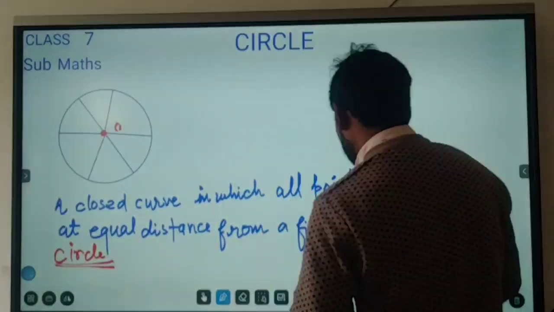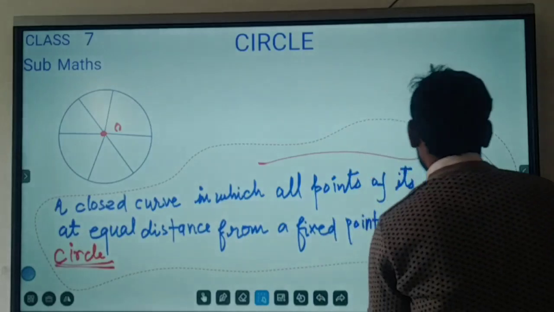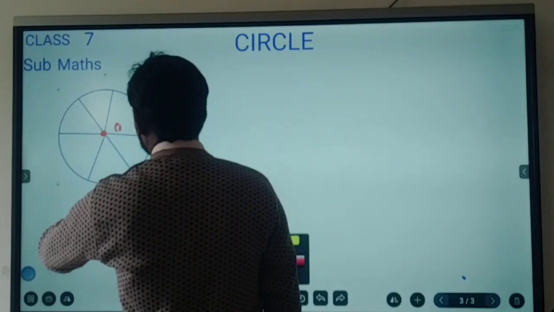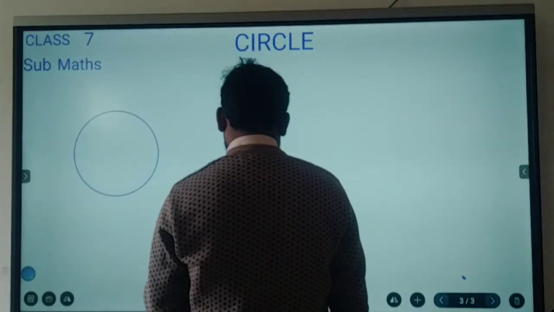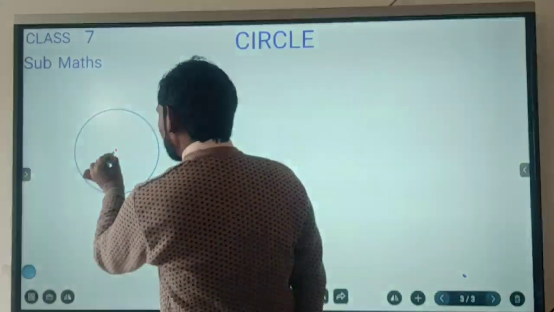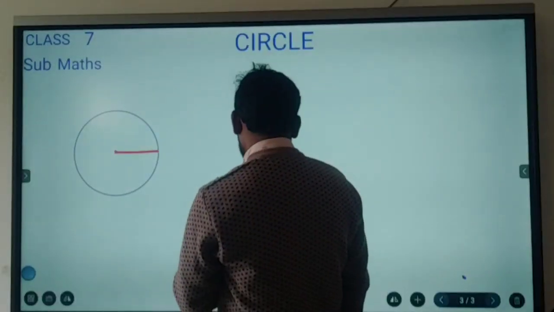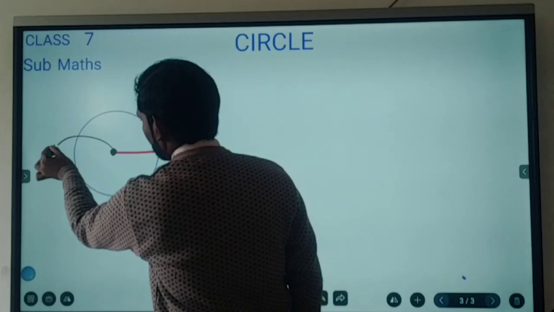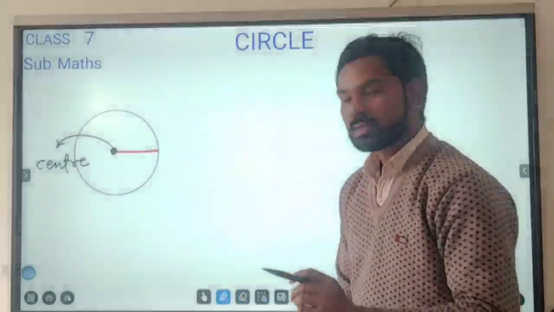This is your circle. First of all, this fixed point is called the center.